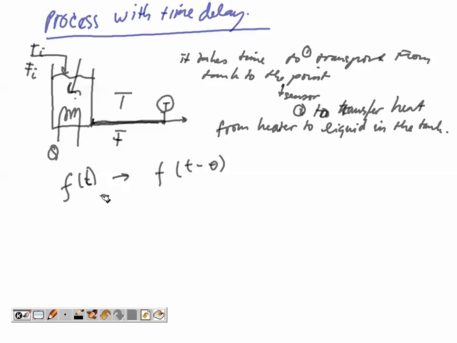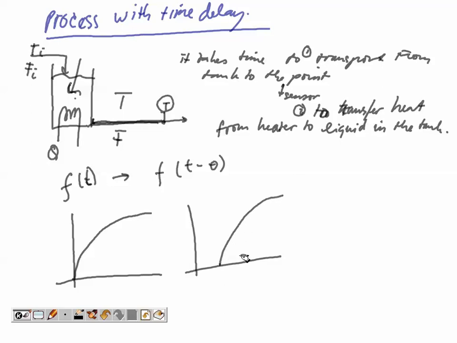So this is for the delay equation. After we input the Q, the temperature might rise like this, but in the sensor reading, the response can be read after theta.